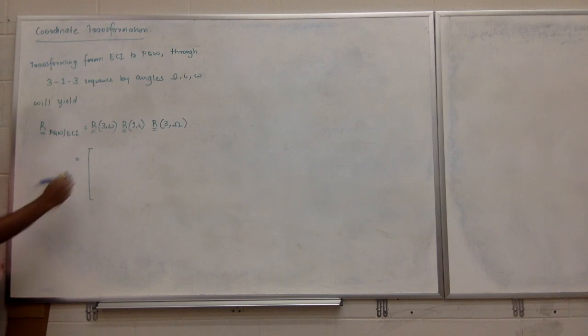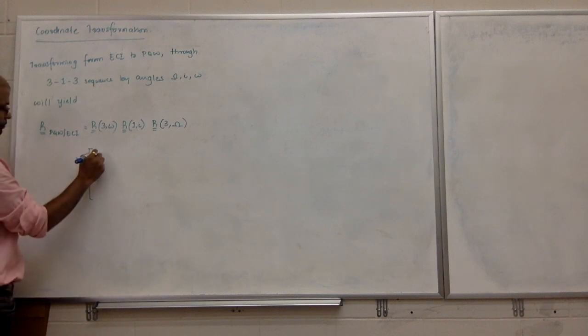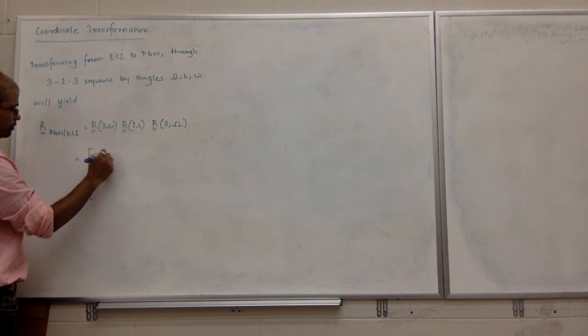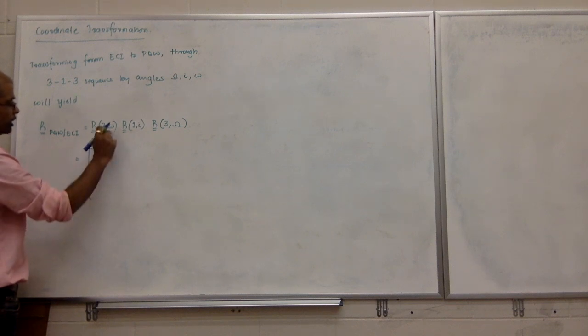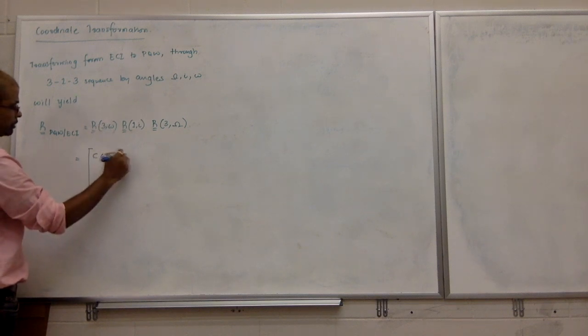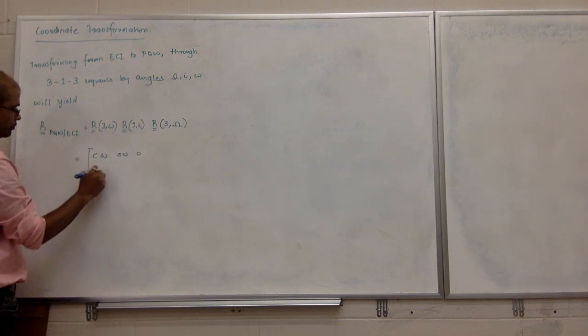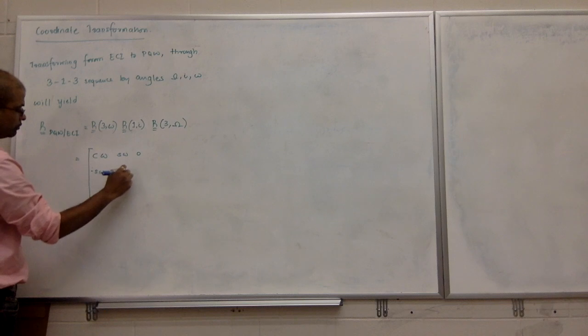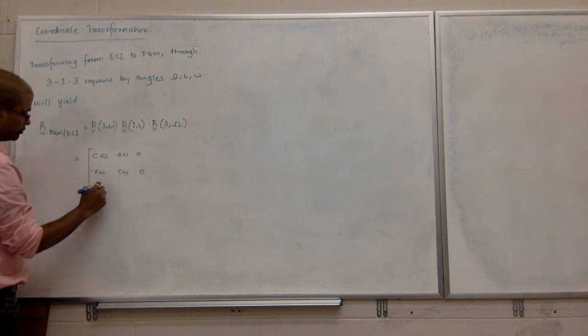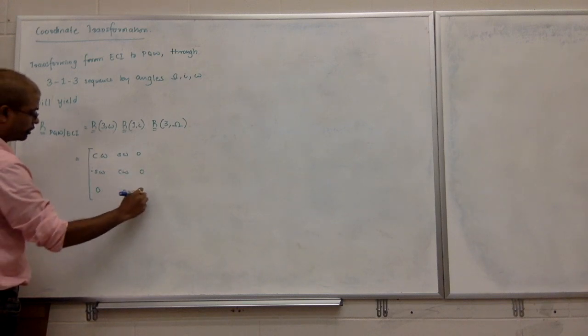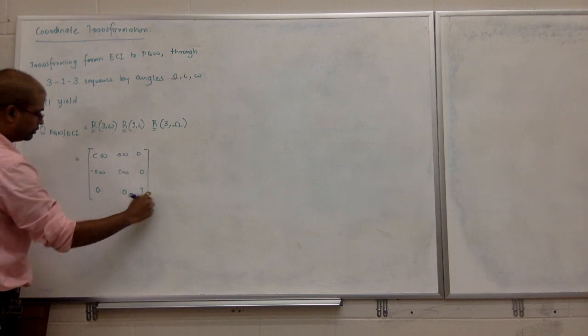You're talking about C theta. Cosine omega, sine omega, zero, negative sine omega, cosine omega, 0, 0, 0, 1. Wonderful.